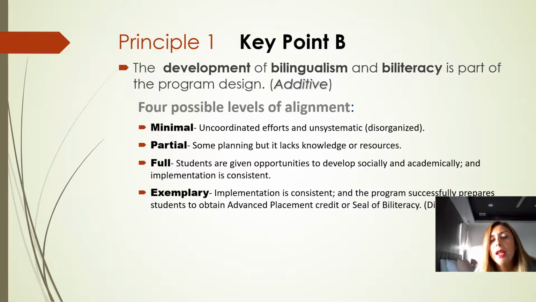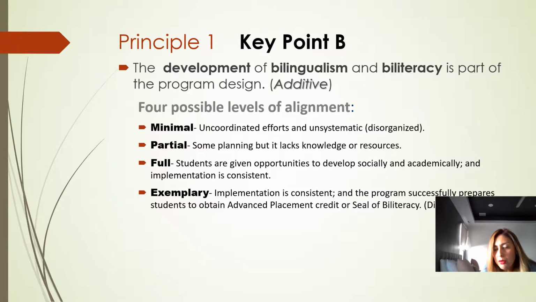Moving along, Principle 1, Key Point B refers to the development of bilingualism and biliteracy, and it's part of the program design. It's an additive model. Again, the four possible levels of alignment are: minimal, which means it's an uncoordinated and unsystematic, disorganized effort.